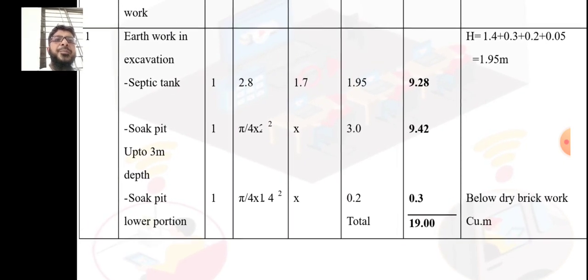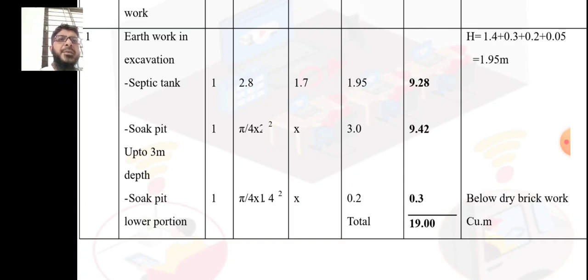Next, soak pit lower portion. Lower portion one number, again area pi by 4 into 1.4 square, means we will get perimeter, into thickness 0.2 meter and height 0.3 meter. Sorry, height is 0.2 meter. So we will get a quantity of 0.3 meter cube, which is below the dry brick work.